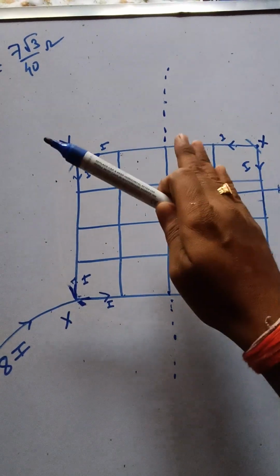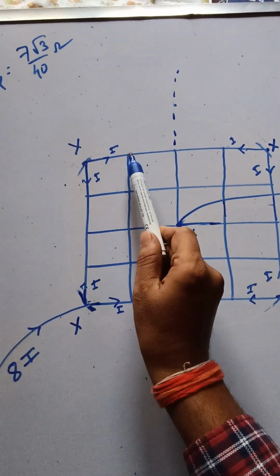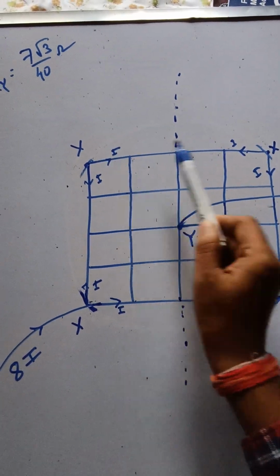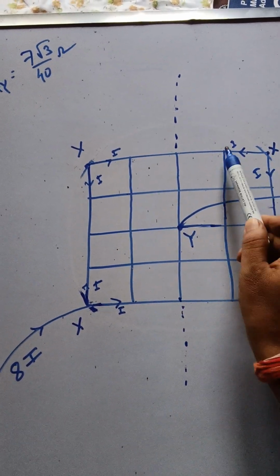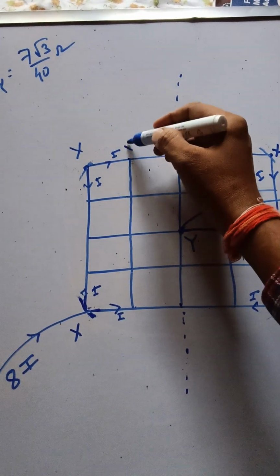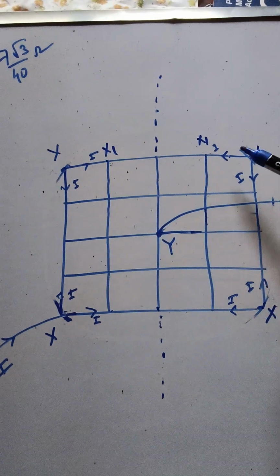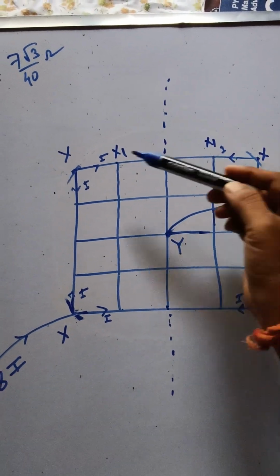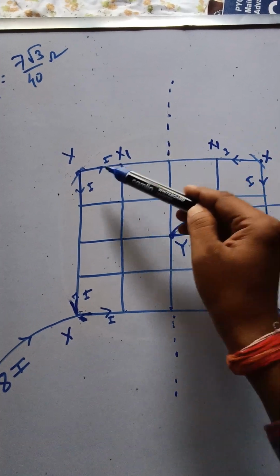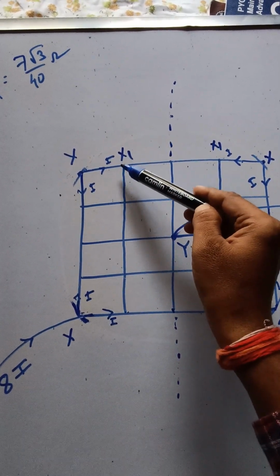If you fold, then this part will superimpose onto this part. This has resistance R, this has resistance R, X, and let's say the point is X1, this point is also X1. So there is a resistance between X and X1, and another resistance between X and X1, and you are superimposing. So the resistance of that part will become half.